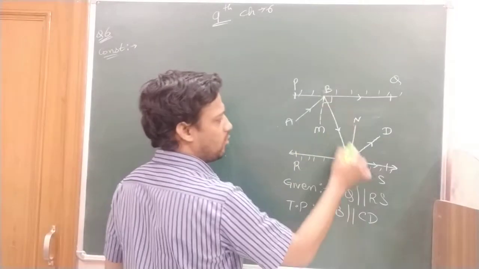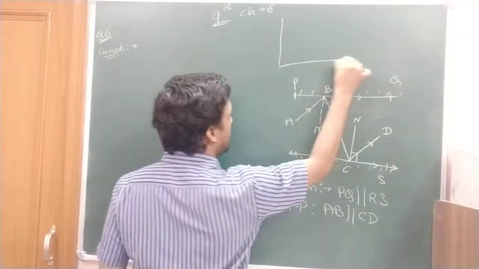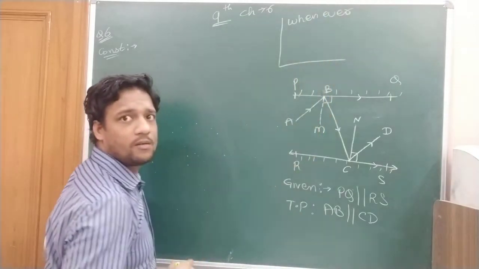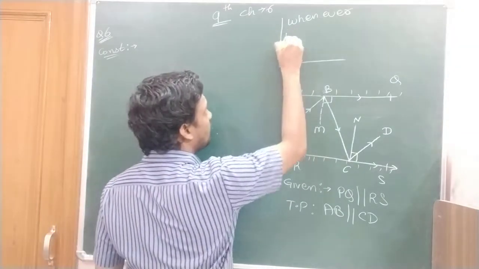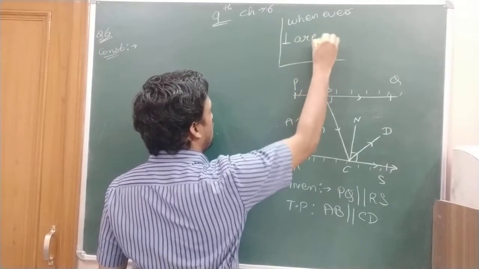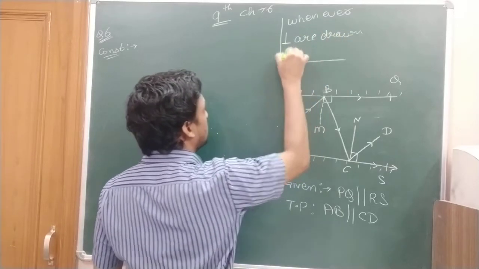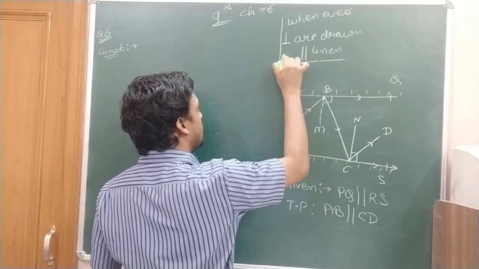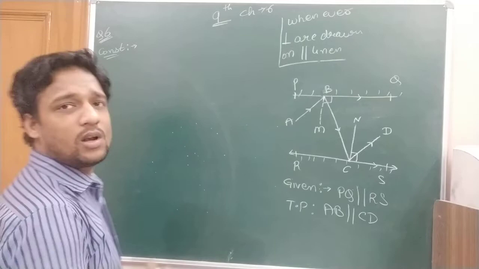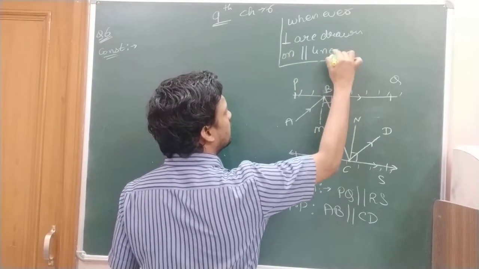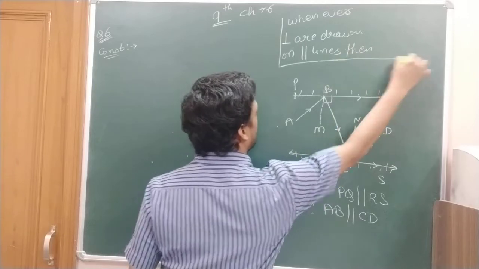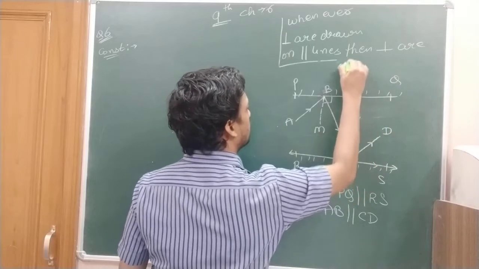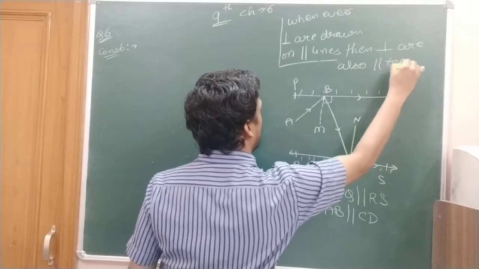And there is one theorem, students: whenever perpendiculars are drawn on parallel lines, then the perpendiculars are also parallel to each other.